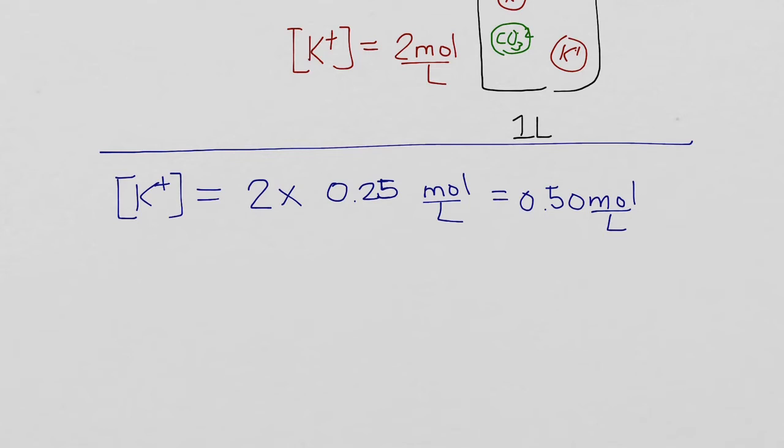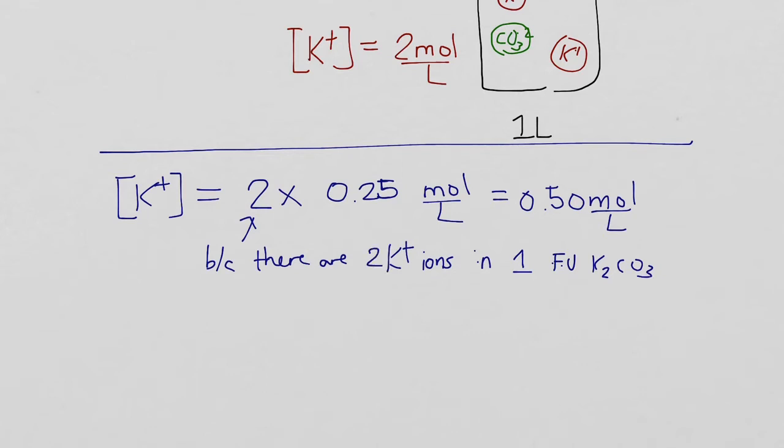This 2 is because there are 2 potassium ions in 1 formula unit of K2CO3. Or remember that we were dealing with mole ratios before?